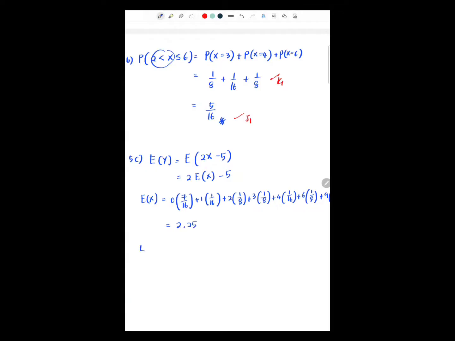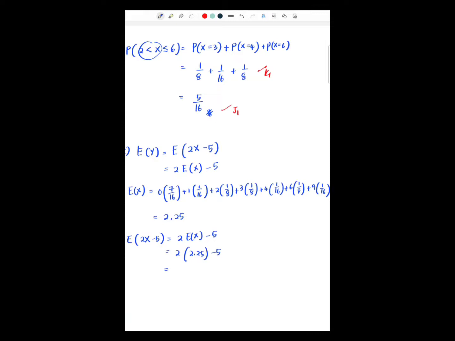So we're going to key in here E 2x minus 5 there. 2EX minus 5. 2 times 2.25 minus 5. So the final answer will be negative 0.5.